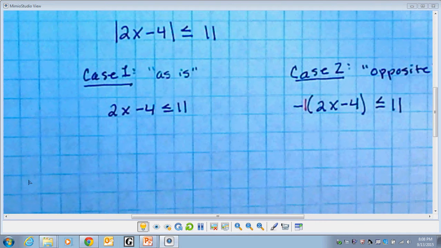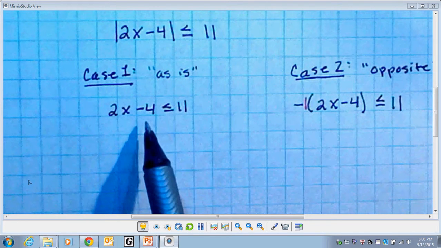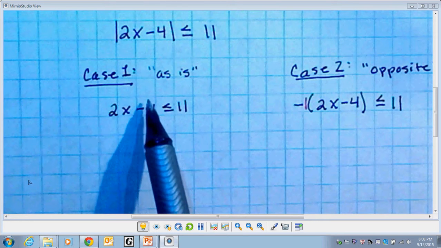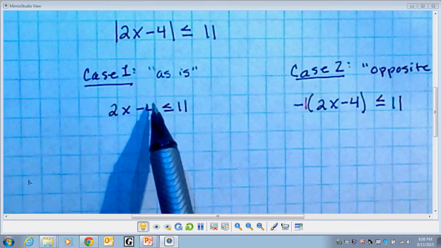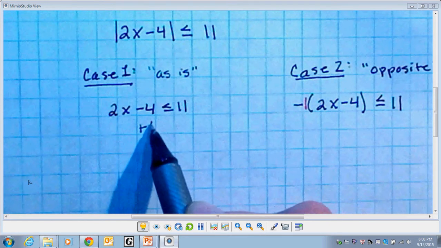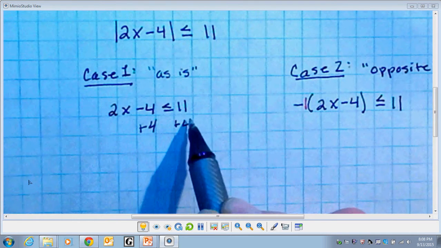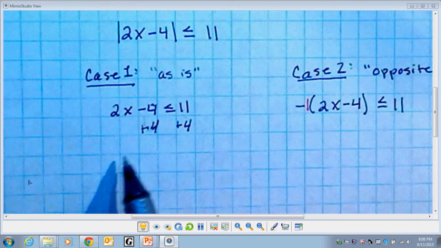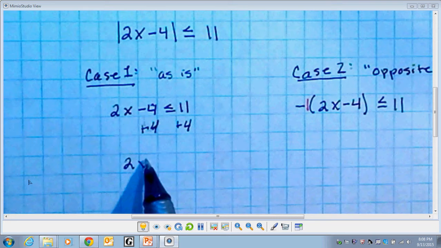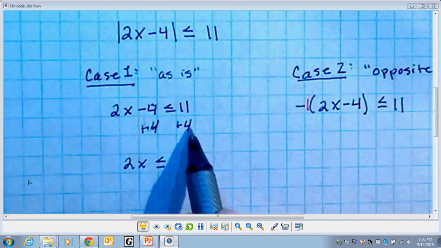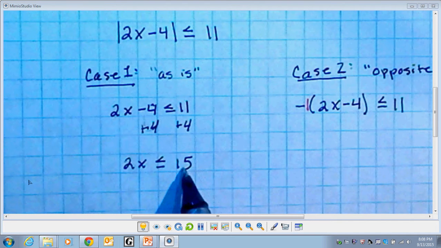So let's go ahead and solve case 1. I'm going to do PEMDAS backwards, which means I'm looking for anything being added or subtracted to my x term. So I have to turn that 4 into a 0. Now I'm left with 2x is less than or equal to, well, 11 plus 4 is 15.